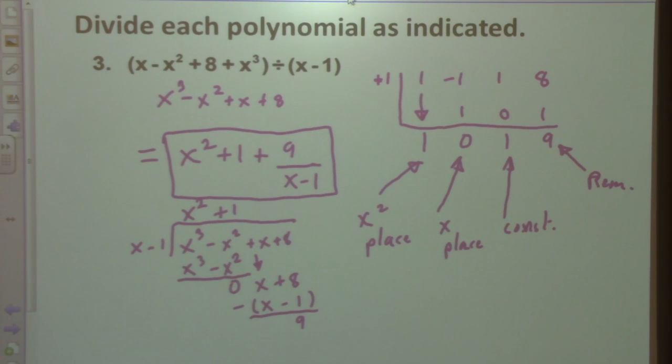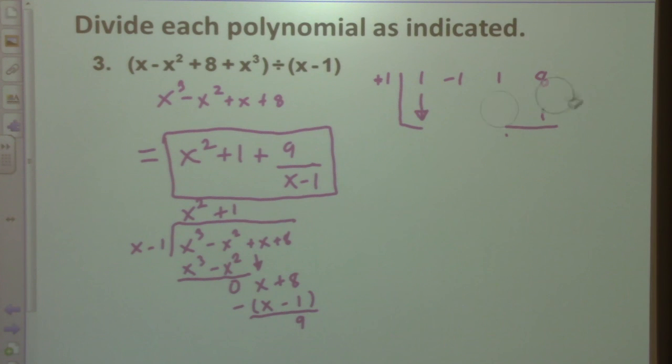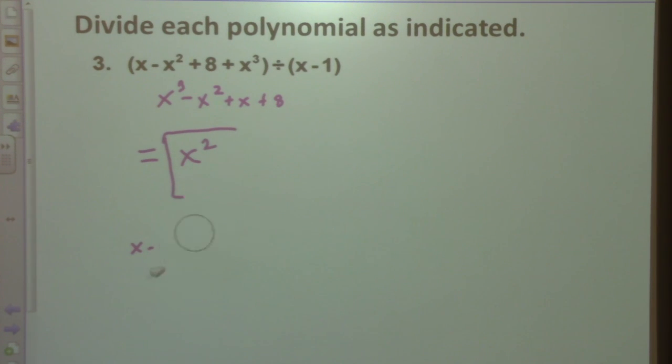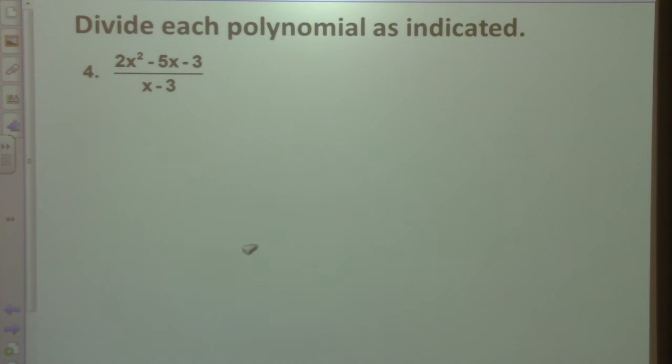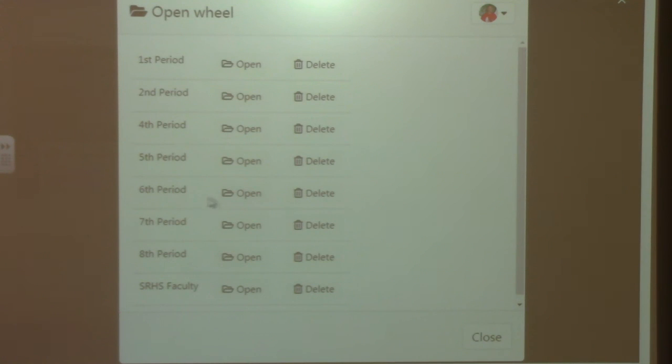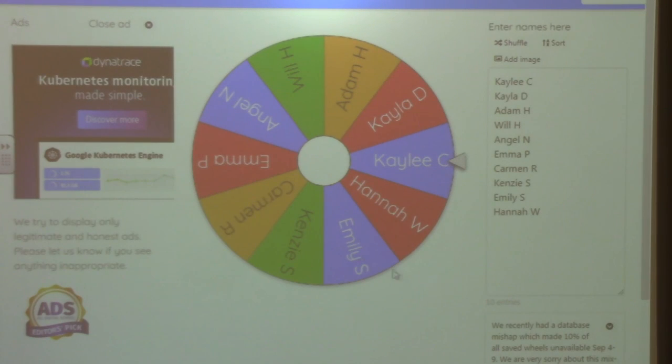Okay. We probably have time to have one more. Justin, I appreciate you working with us on that. That was really awesome work. And what I'm going to do is blow up the wheel and call somebody randomly for number 4. So here it is. We're going to open 6th period again. No, we're open fifth period.